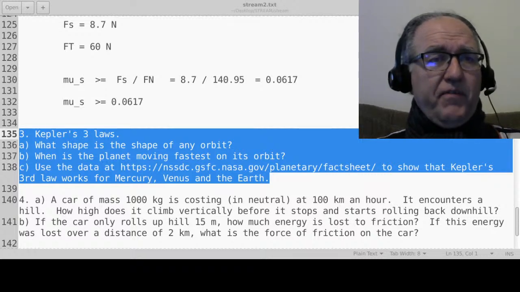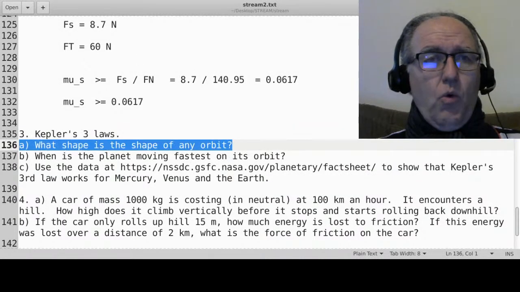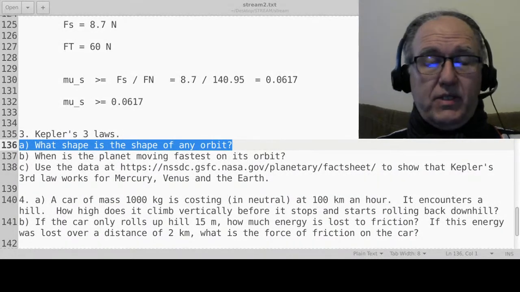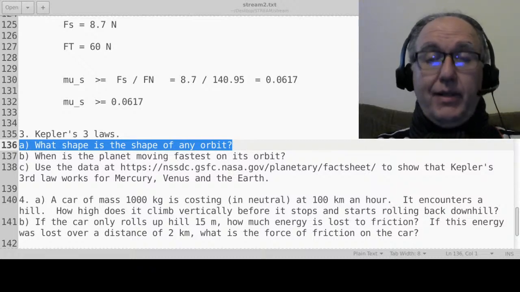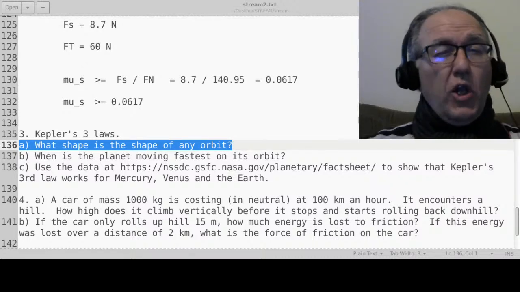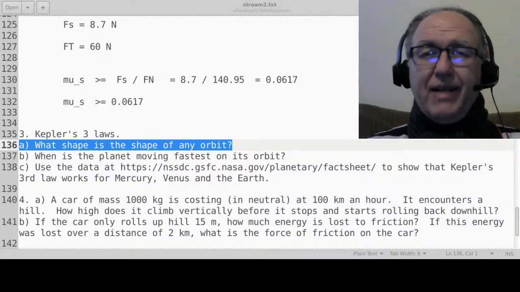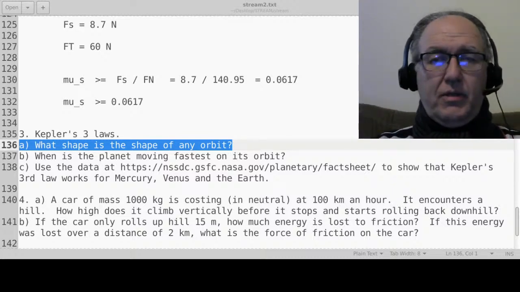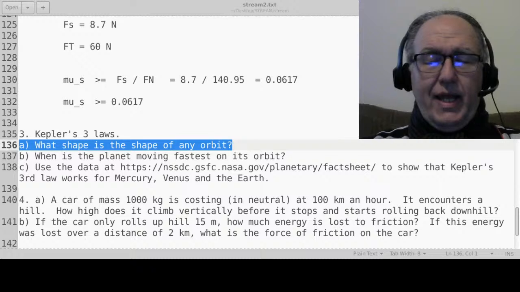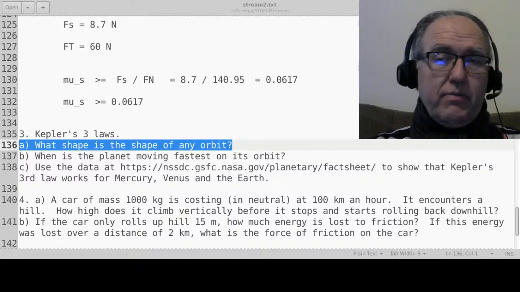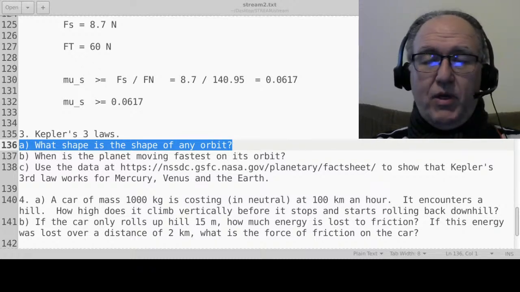The first thing you should know is what the shape of orbits are. All orbits are ellipses. The Earth's orbit and the planetary orbits are very close to being circles, but they are still ellipses. They're just ever so slightly elongated. So the answer is ellipses. That's the shape of any orbit.